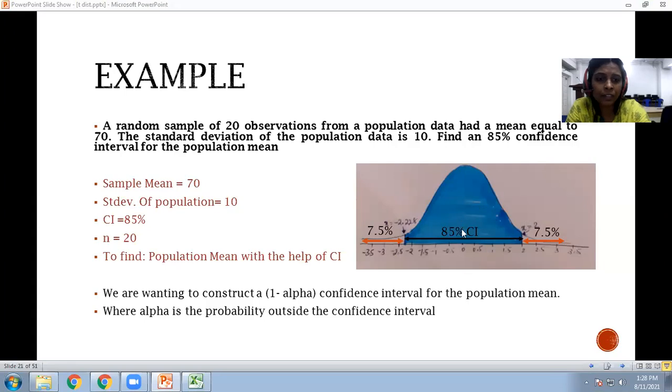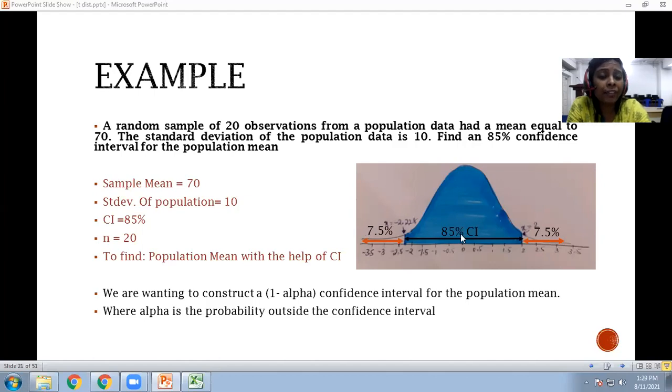The remaining is your alpha value, that is outside the confidence level, or you can say the confidence interval, because this is the lower limit and this is the upper limit. So outside this confidence interval, you have your alpha value. This area and this area, both the tails, are your alpha.